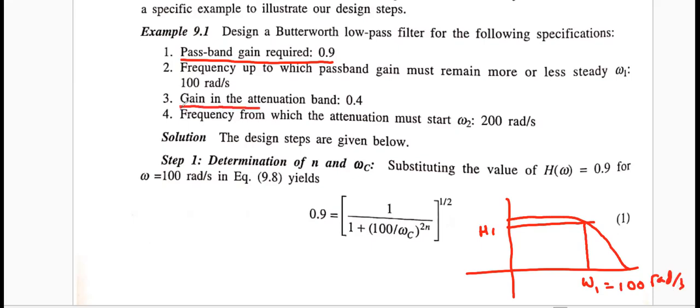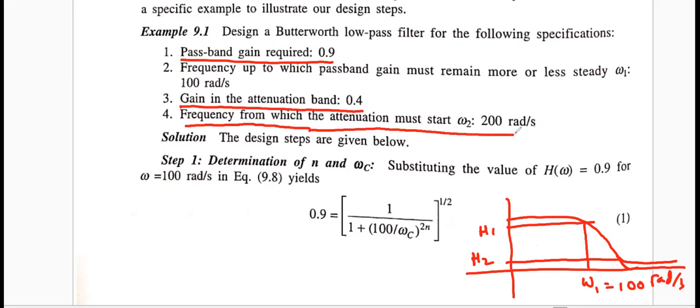The gain in the attenuation band is 0.4. That is the gain in the attenuation band, so it would be like this. This is H2, which has been given. And the frequency from which the attenuation must start, this is that point, omega 2, is equal to 200 rad per second.